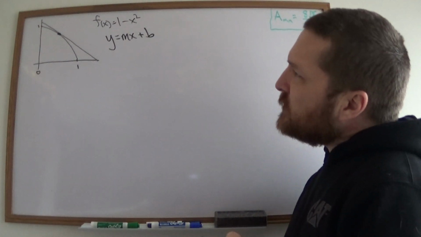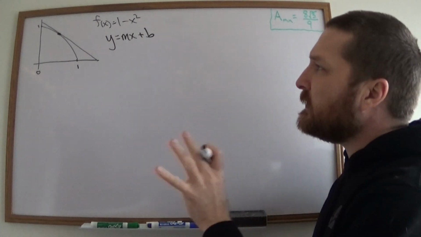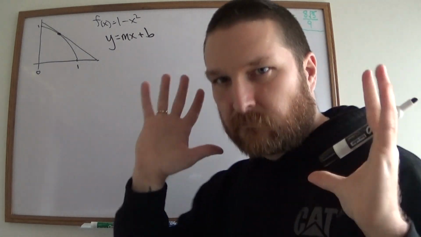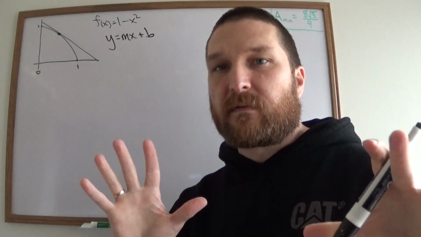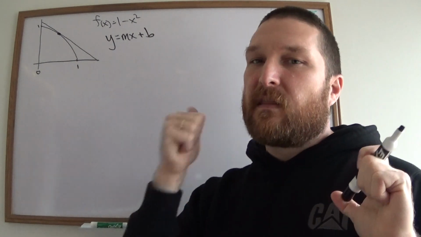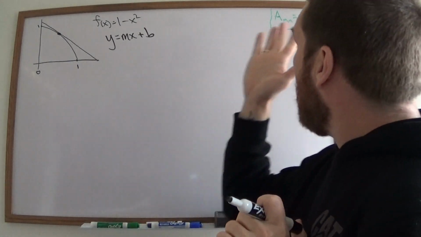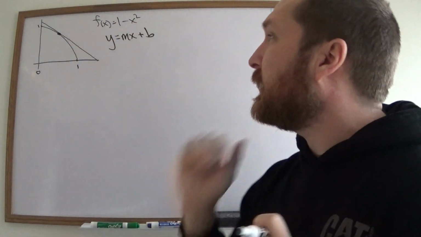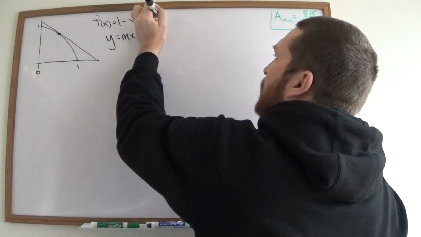Okay? And so now, let's think about our steps for doing an optimization problem. First, we want to identify the quantity that we want to optimize. Since area is the quantity we want to optimize, I need a function.